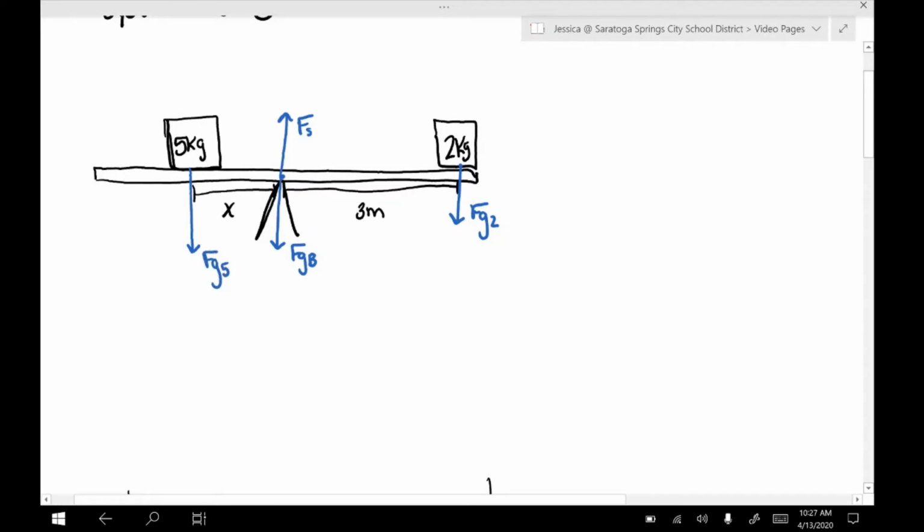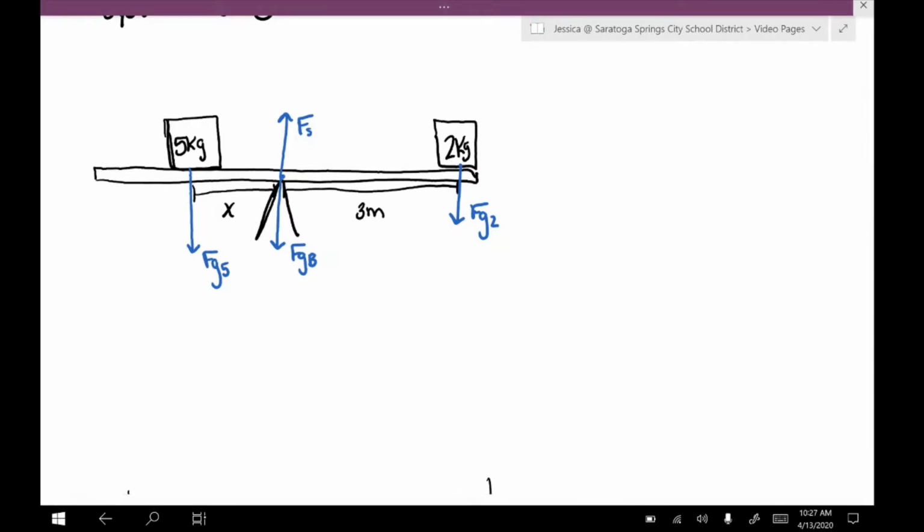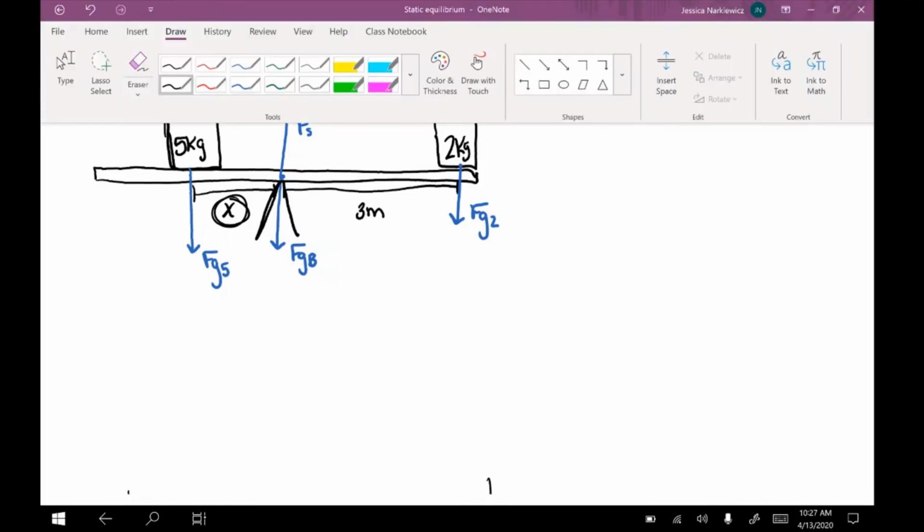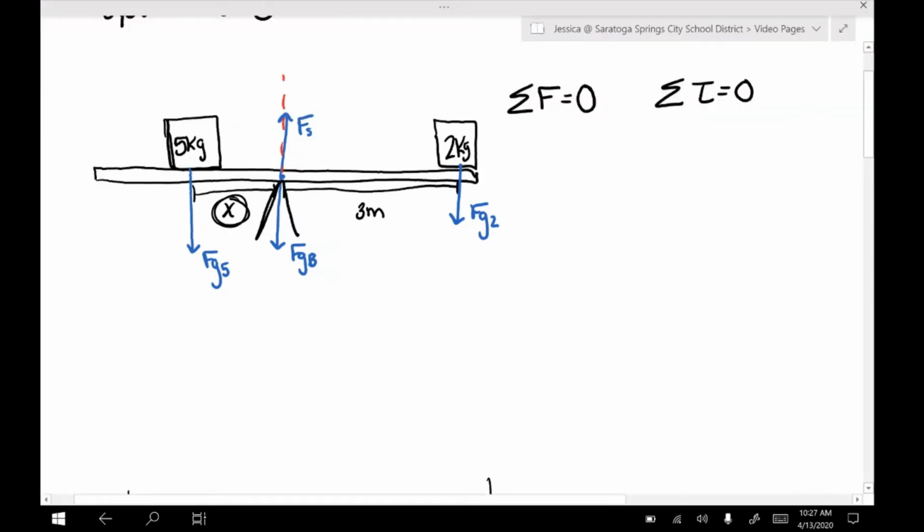Again, we know that in order for this system to be at rest, my net forces need to be 0 and my net torques need to be 0. Looking at this problem, I need to figure out how far the 5 kilogram mass is from the fulcrum. The reason I have it labeled from the fulcrum is because the fulcrum is my axis of rotation.